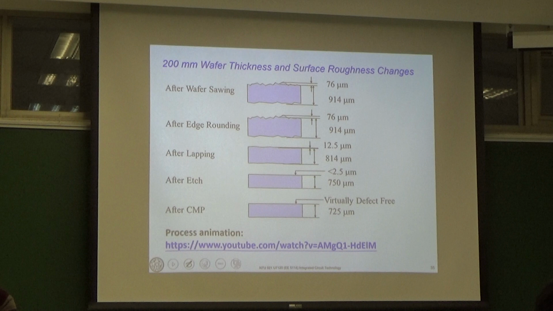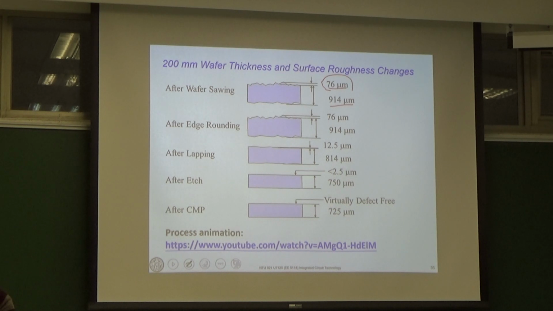Okay, so here's another process flow. When you use the saw to saw your wafers, there's roughness on your surface.